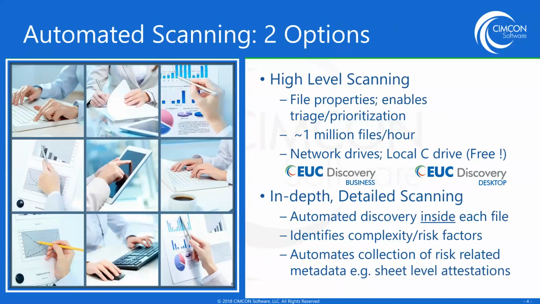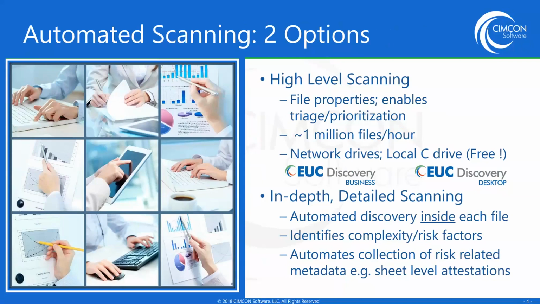Once you do the high-level scanning and identify the files that you want to take a look at, you can then go in and do a second scan of those files of particular interest, namely Excel being a major one. And this type of scan will actually go inside the file, and it will look and analyze various risk factors. It will automate the collection of risk-related metadata.